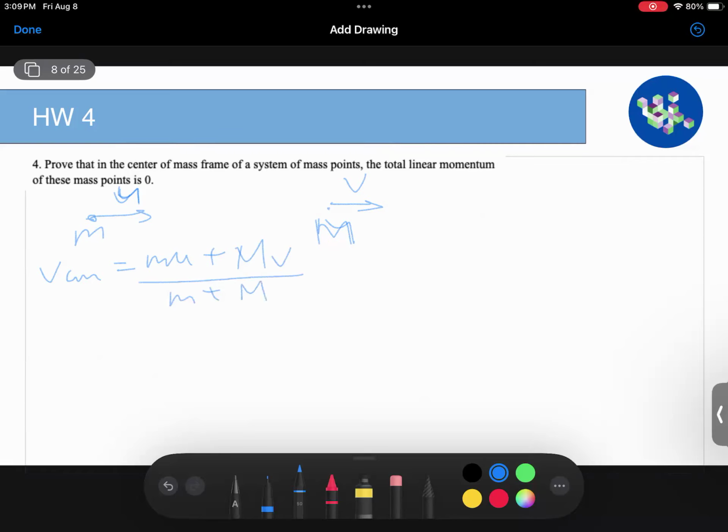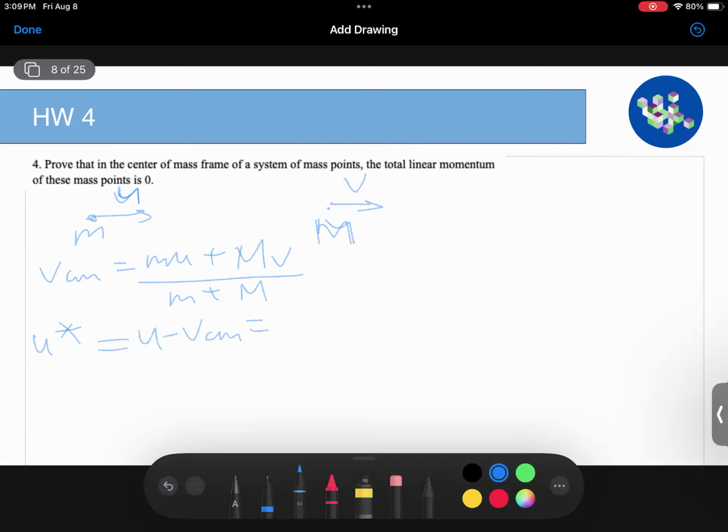Meaning that in the center of mass frame, u star, which is just the velocity of the small mass in the center of mass frame, would just be equal to u minus V_CM.